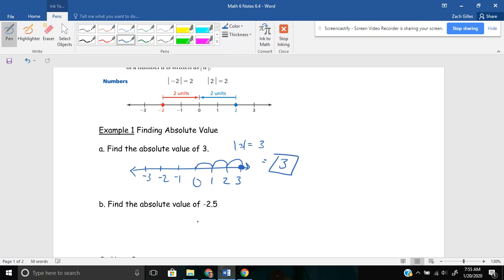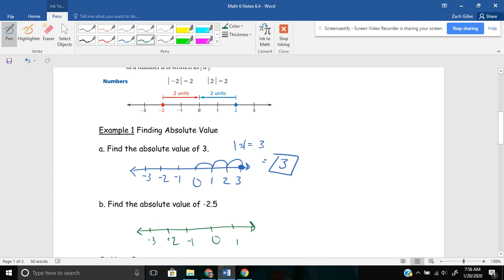Let's just do letter B here, and then we'll talk a little bit of the logistics. The absolute value of -2.5. All right, let's make a number line again. That looks similar. -3, 2, 1, 0, 1, so on and so forth, right? -2.5 would be -1, -2, and halfway to -3.